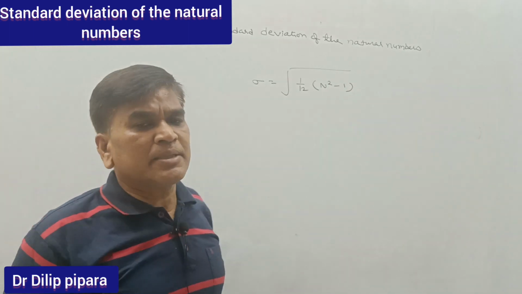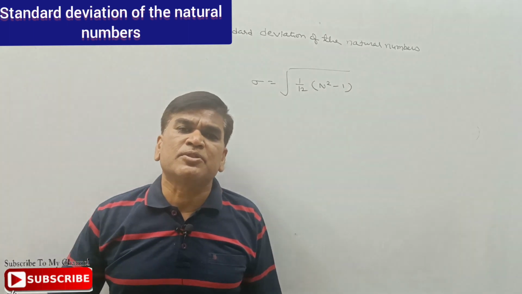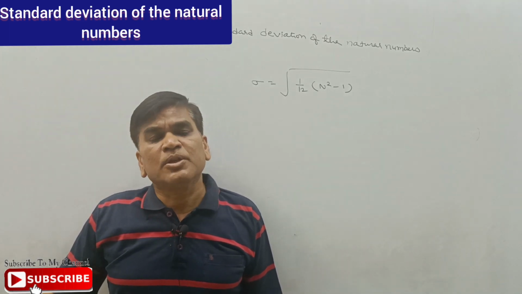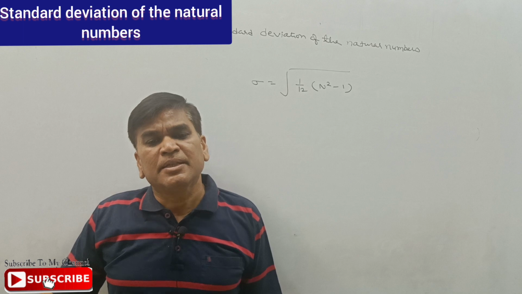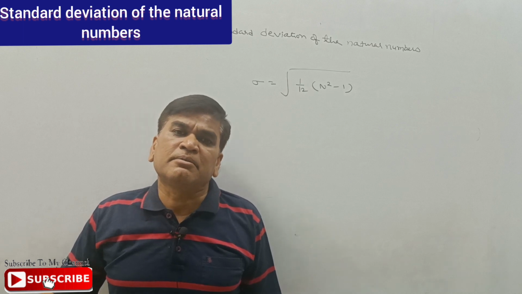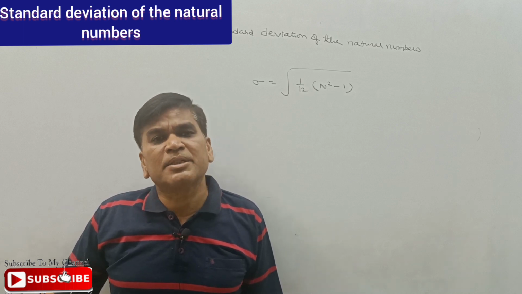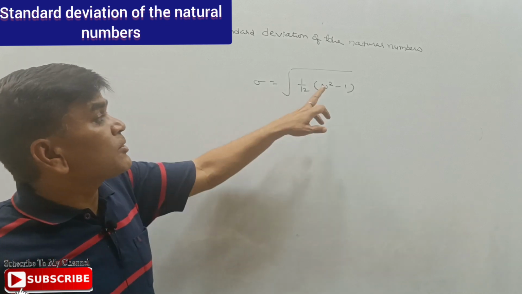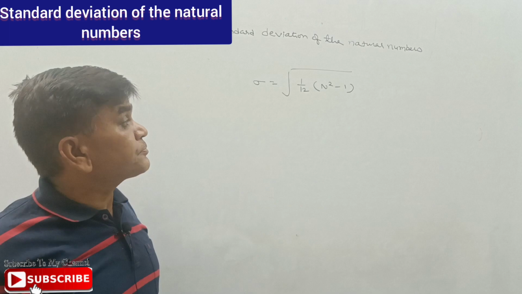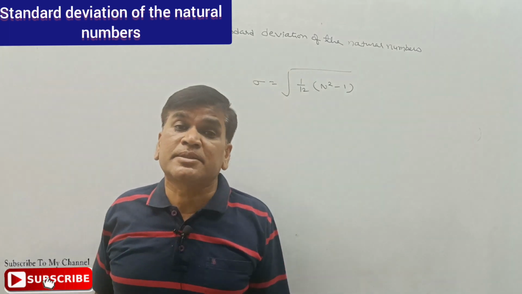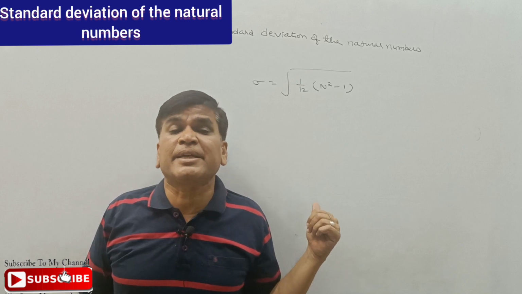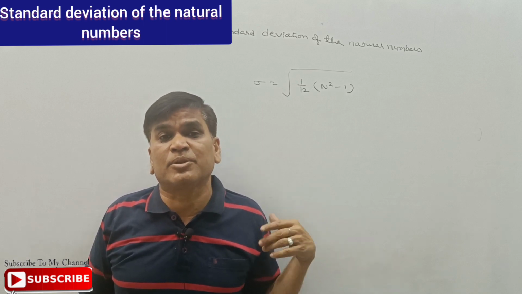Natural numbers are those starting from 1. So if the question asks for the standard deviation of the first 10 natural numbers, we directly write 10 for n. We do not need the arithmetic mean or deviations.